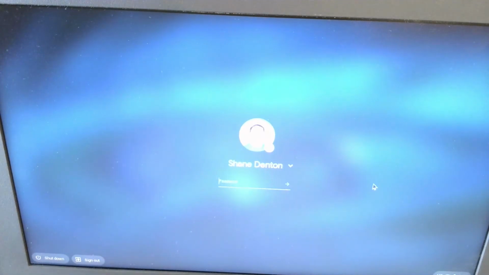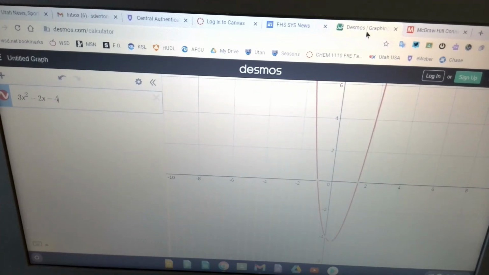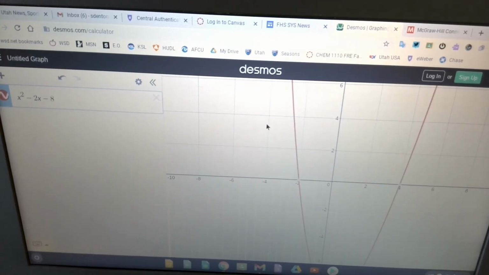Now, if you were to get on Desmos, okay, this is Desmos, you can actually type in, so let's say the one I just did, which was x squared minus 2x minus 8, right? So here is my graph, right?